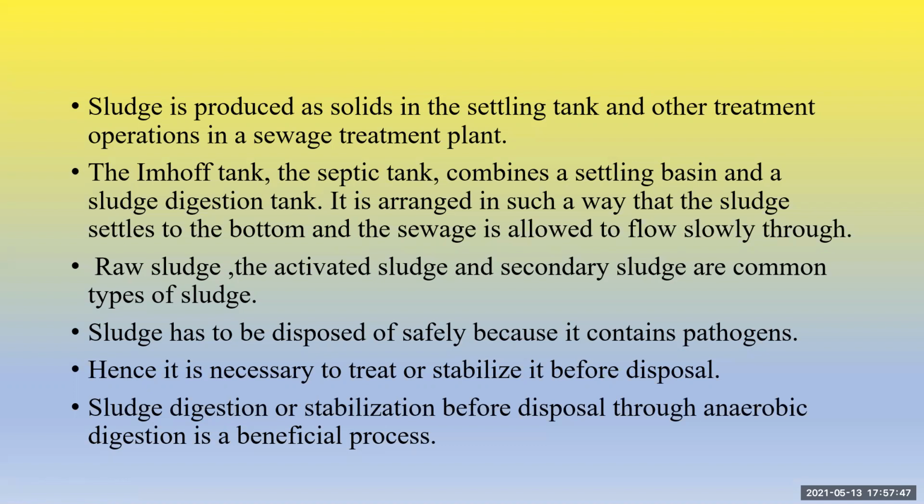Okay, so the raw sludge, the activated sludge and secondary sludge are the common types of sludge that are formed in these types of primary and secondary sewage treatments. Now, sludge contains a large number of pathogenic microorganisms and hence it has to be disposed of safely.